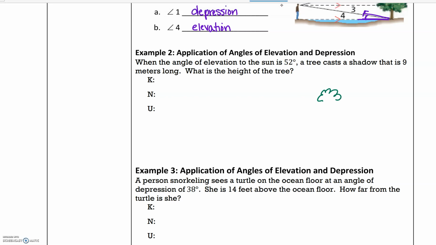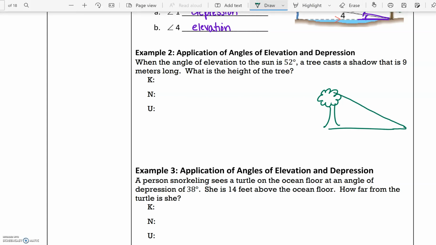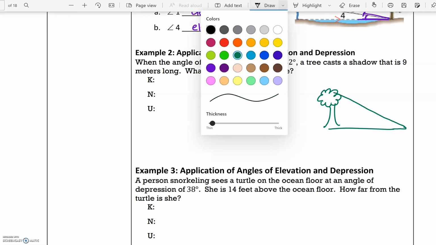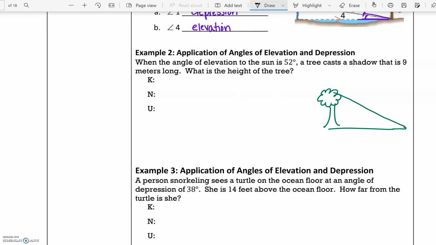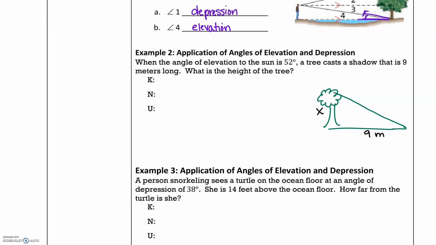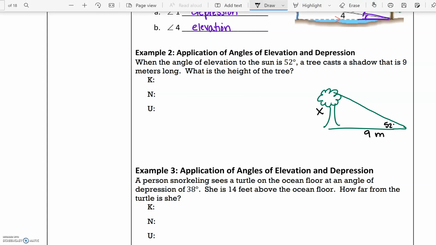So for this one, we have a tree that casts a shadow. Shadows are on the ground. So our shadow down here is 9 meters long. We don't know the height of the tree, but that's what we're looking for, so I would label that X. And then our angle of elevation down here is 52 degrees.